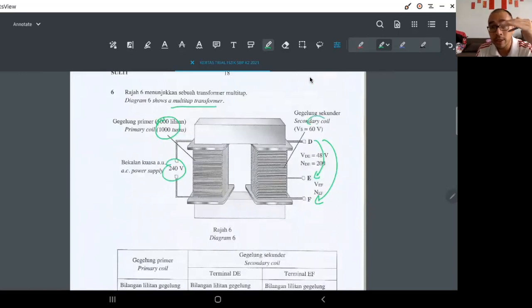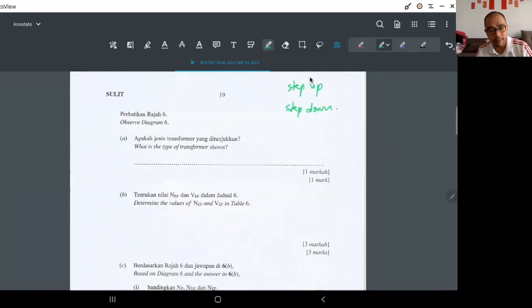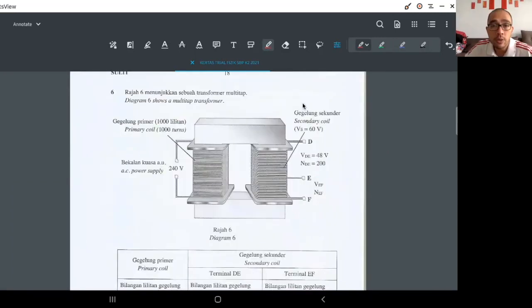Since the output voltage is going down, this will be a step-down transformer. You're given the primary coil is 1000. Primary voltage is 240. Secondary voltage is 60 for the whole thing.